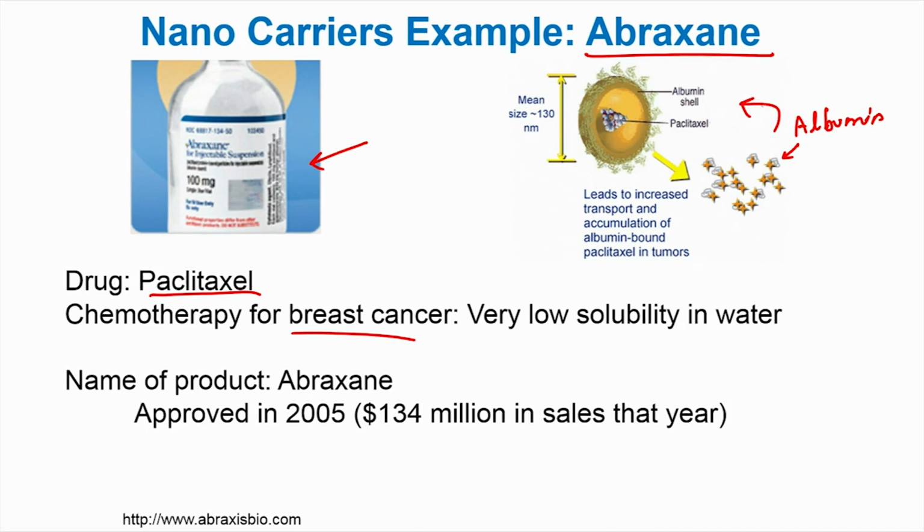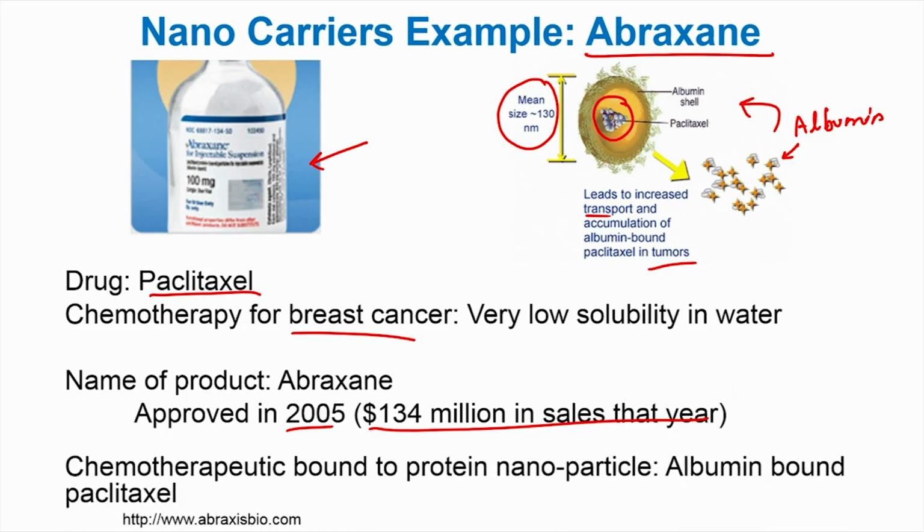So, it self assembled into a structure like this, where paclitaxel ended up being in the core and albumin changed its conformation to reflect on the outside and interact with water, with a mean size of about 130 nanometer, again close to that EPR effect range that we wanted, and that resulted in very enhanced and increased transport and accumulation in tumors. So, this drug was approved in 2005, had bumper sales that year, and still is being used quite a lot. As I said, it is nothing but a protein bound drug that you are using and forming a nanoparticle out of that and using the EPR effect that we talked about.